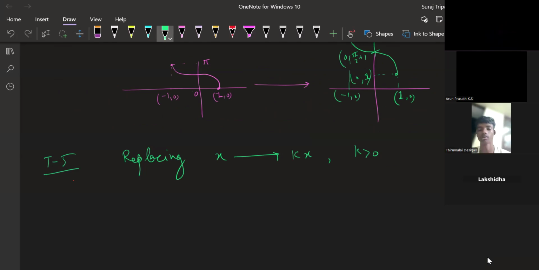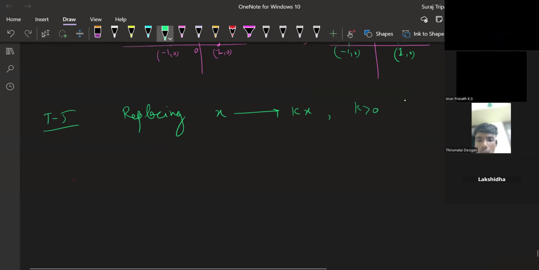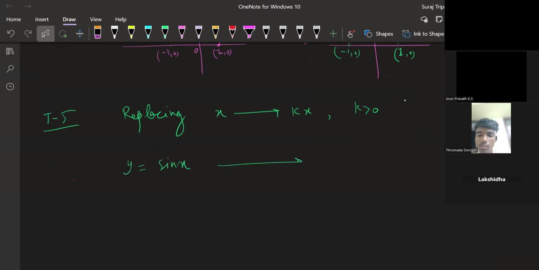Just understand the next one. The next concept is if we are multiplying something with x, like we have the graph of sine x and we want the graph of sine 2x.